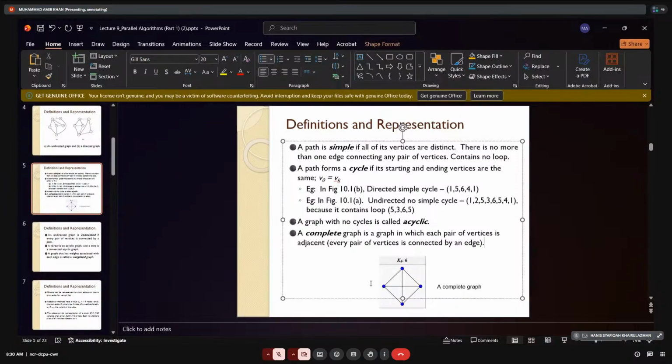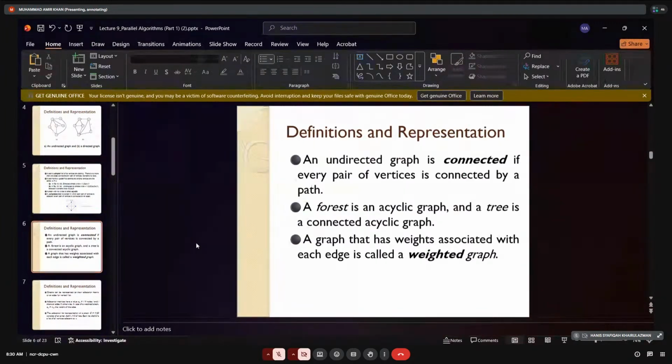This is a complete graph. Okay, so definition and representation: an undirected graph is connected if each and every pair of vertices is connected by a path. A forest is an acyclic graph and a tree is a connected acyclic graph.